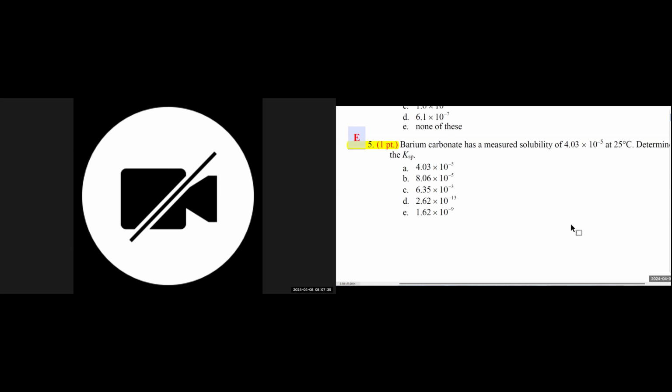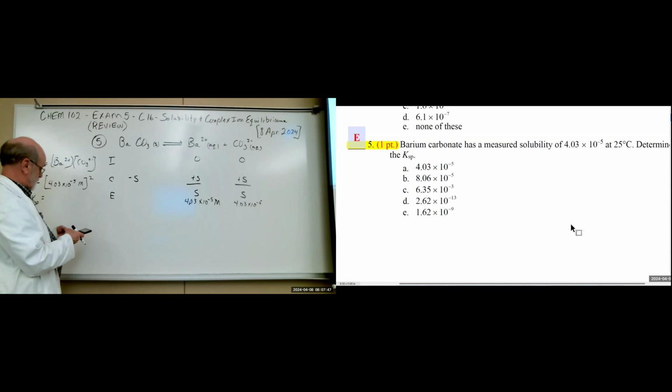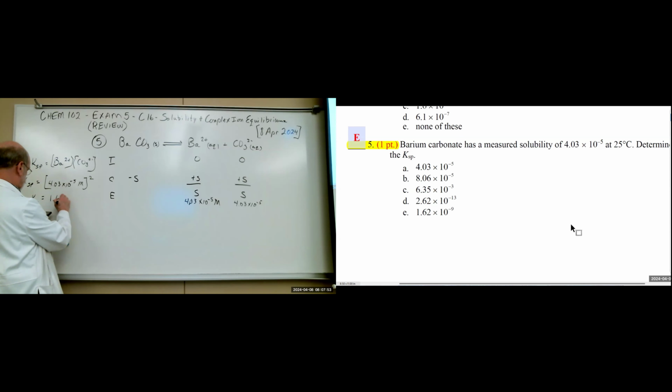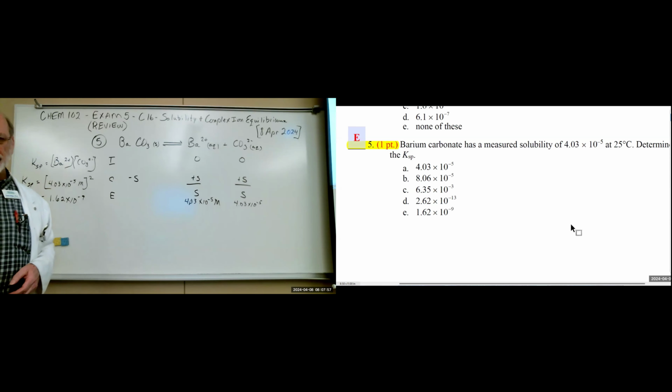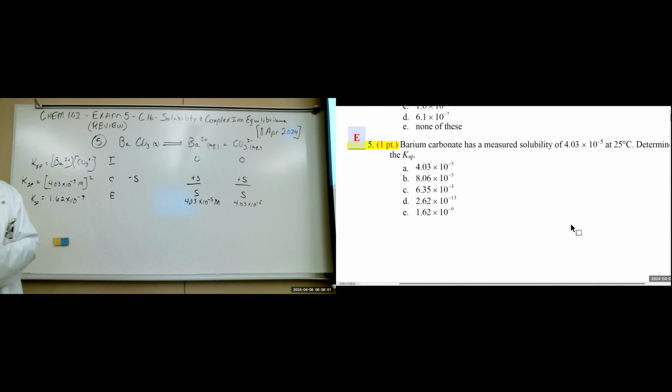We just need to square it. 4.03 times 10 to the minus 5, and then squared. So I get 1.62 times 10 to the minus 9. That should be the KSP. That agrees with the key.